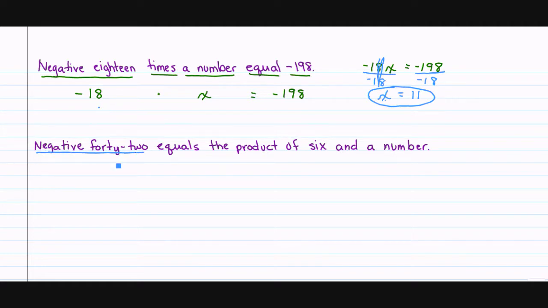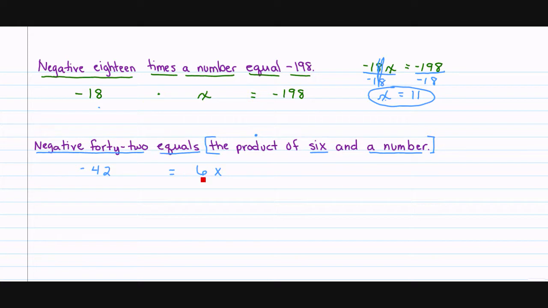Negative 42 equals the product of 6 and a number. The product means multiply. What am I multiplying? I'm multiplying 6 and a number. So I'm multiplying 6x.